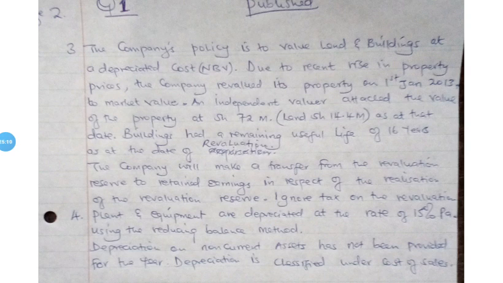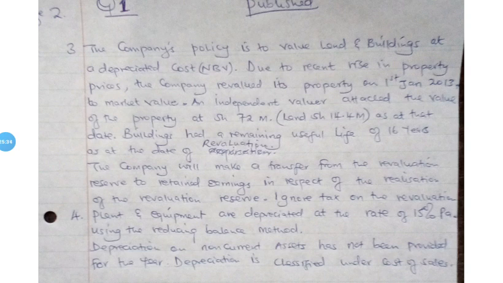Meaning, by the end of the 16th year, the balance for buildings will be zero. Today, on 1st January 2013, the value for our building is 57,600. At the end of the 16th year, the balance will be zero.